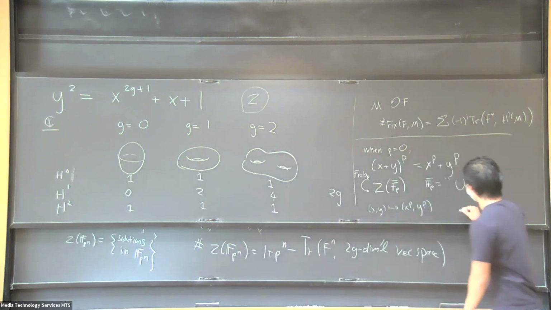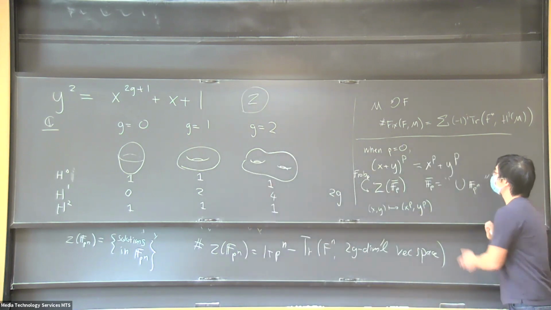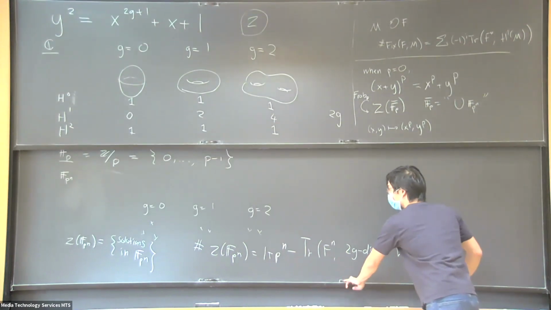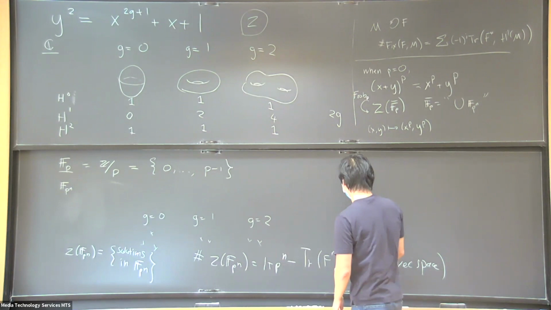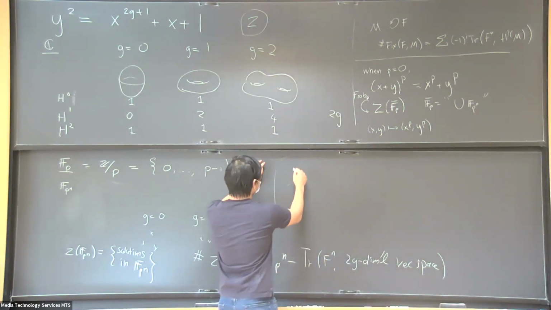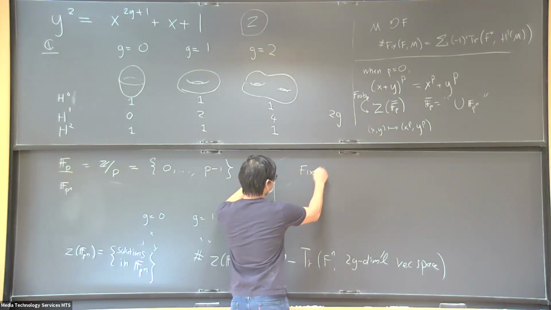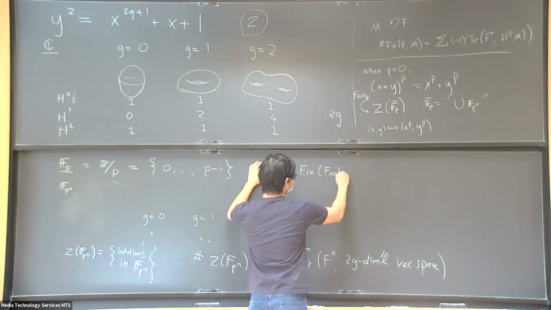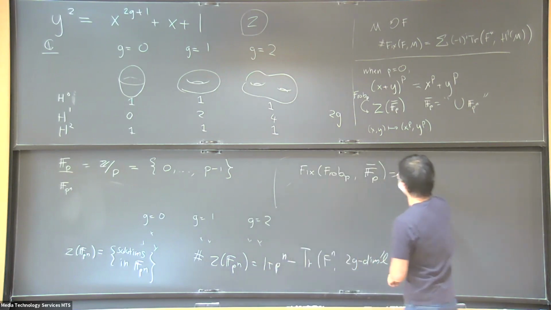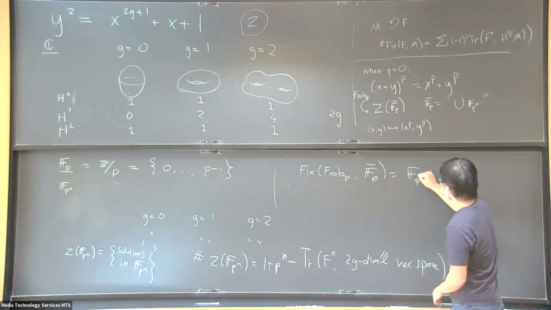Continuing this story down here, the fixed points of the Frobenius on this algebraic closure of Fp is exactly the field Fp to the n.